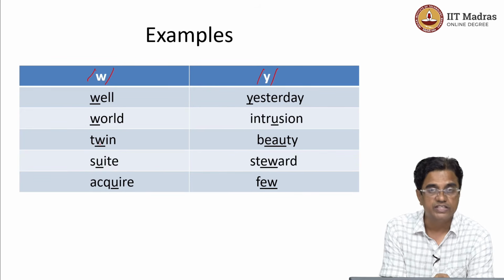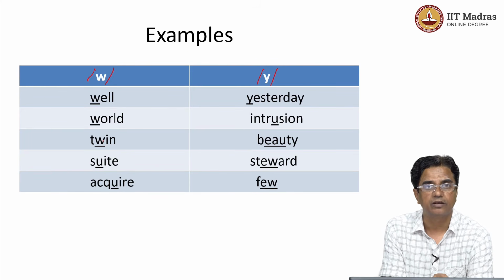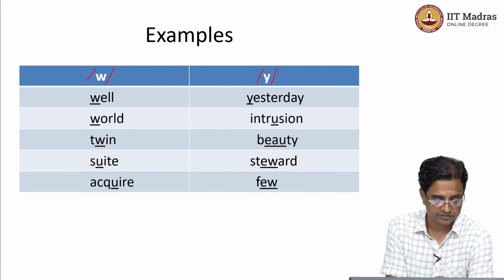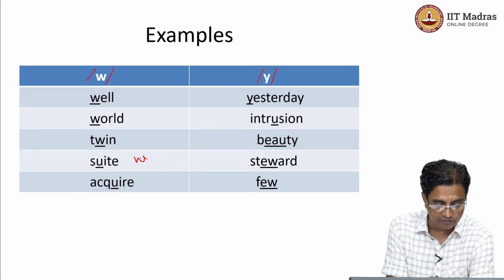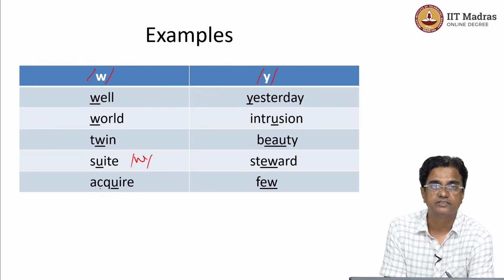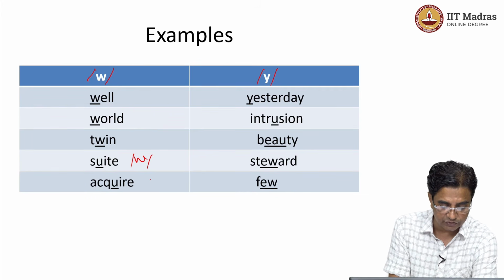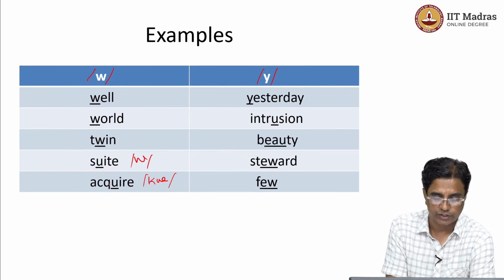Twin, you see wa coming in the middle of the word, not in the initial position. But look at sweet. You do have a wa sound in this word, but there is no W. Acquire: here you see ka and wa sounds in this word, but there is no W.